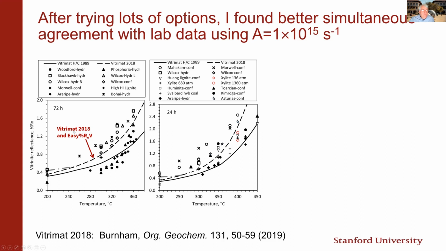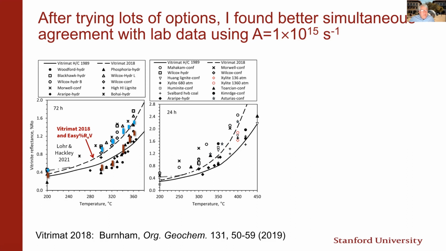There are actually two versions of it: Vitrimat 2018, which uses the full element balance calculations, and the Easy%Ro V, which is designed to match the Vitrimat model, but with fewer parameters. You can see this agrees much better with the coal maturation trends in laboratory data than the original values.